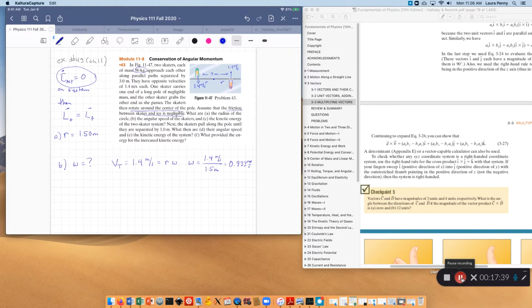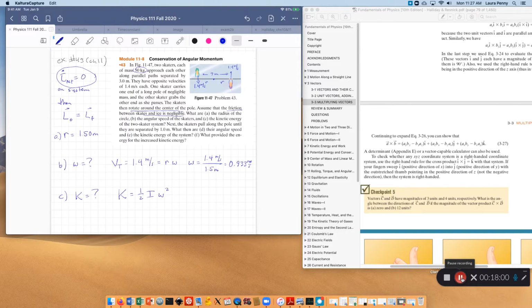And then it says, C, what's the kinetic energy of the two skater system? Well, the kinetic energy is 1/2 I omega squared. Well, I know omega, but I need to know what I is.